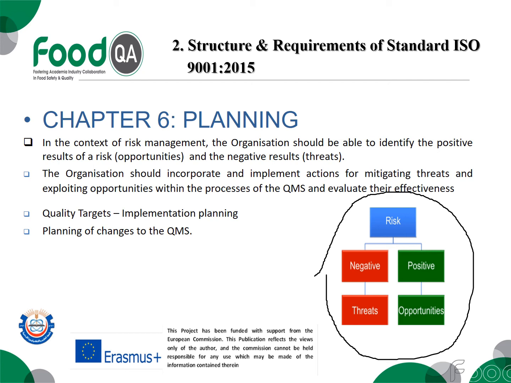So each process should be evaluated whether it is a threat or an opportunity, and see how to use the planning standard to monitor or manage it. Quality targets, implementation, planning of changes to the quality management system.